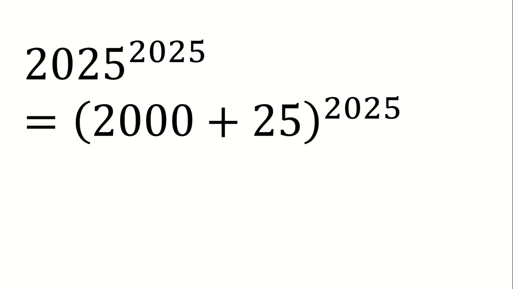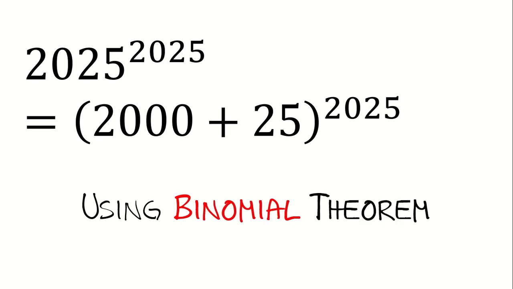So we separate the number into two parts. 2000 has a factor of 100, and 25 is the ones and tens digits. The binomial theorem says that if we raise a sum of two terms such as 2000 and 25 to an integer power such as 2025, we just need to expand it by this pattern.